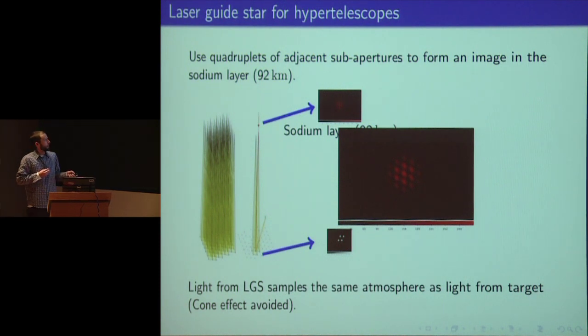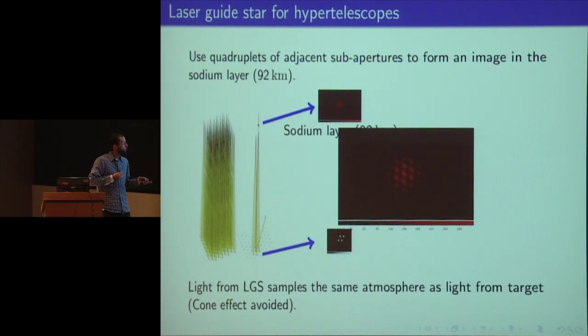Two things are important to note here. One is that since each of the quadruplets of subapertures creates its own laser guide star, the cone effect is avoided because the light from each laser guide star traverses the same atmosphere as the light from the actual science target.